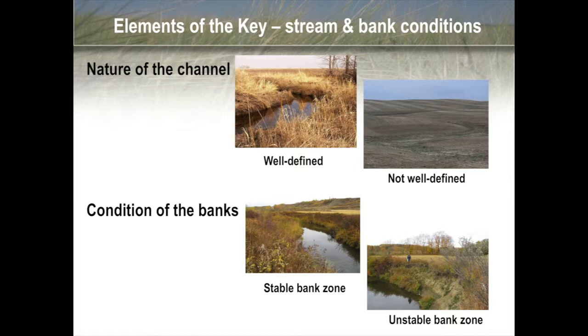So the next place in the set of questions in the key is looking at the conditions of the bank. So we then ask questions about, is the bank stable or is it unstable? And if it's unstable, you move into these questions about, is that because of in-stream erosion, or is it because of something that's happening on the land?